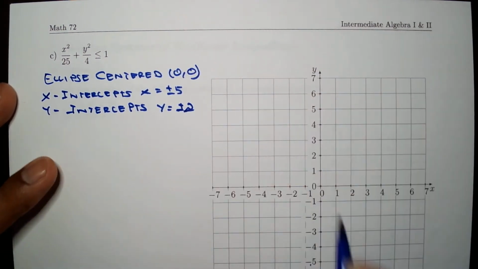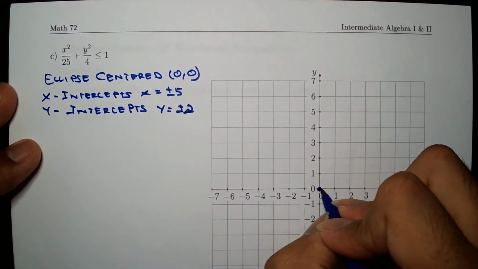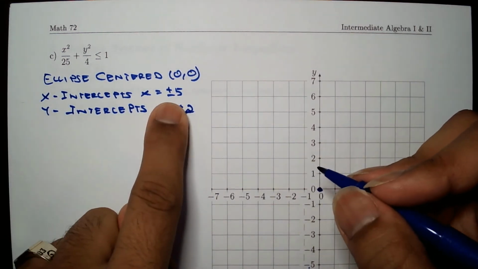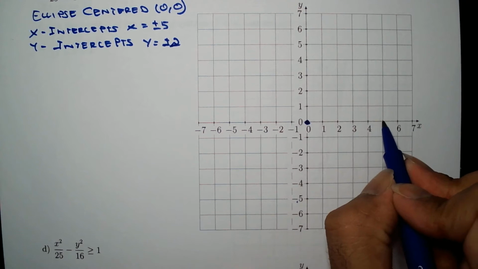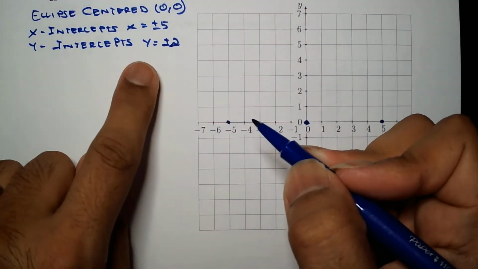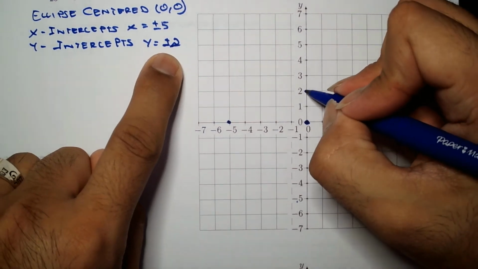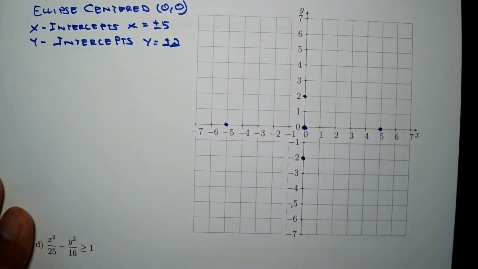All right. So in this case, let's draw the ellipse. Let's go to the center, which is the origin. For the x-intercepts, I'm gonna go 5 units to the right, 5 units to the left. But for the y-intercepts, I'm gonna go 2 units up and 2 units down. All right, and then I'm gonna draw the ellipse.